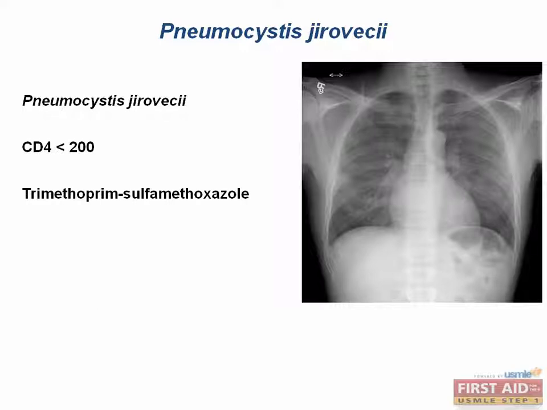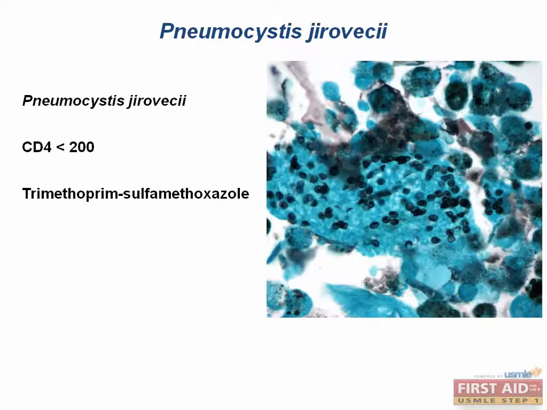What sort of stain might we use? Well, pneumocystis stains very well with a silver stain. You might see small disc-shaped organisms. You can see them right here. The treatment is going to be with TMP-SMX, though IV pentamidine is also used.